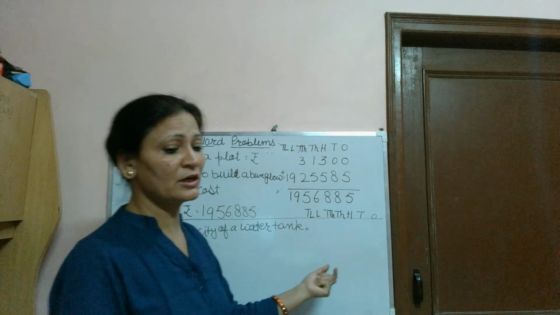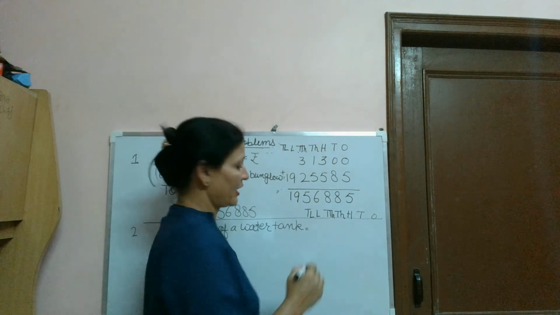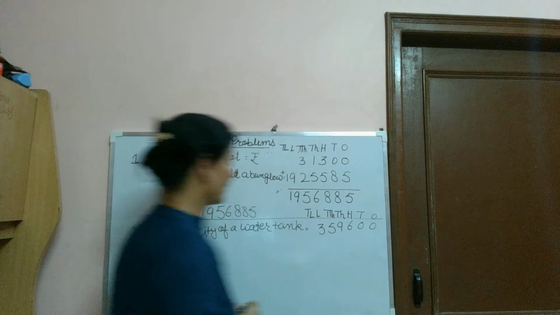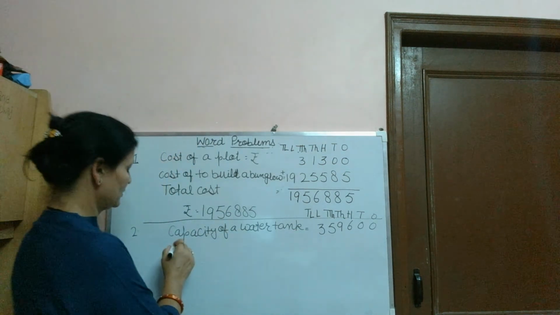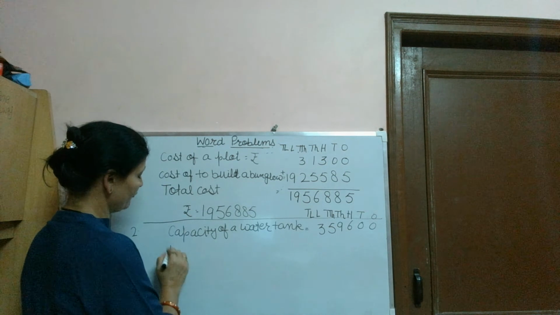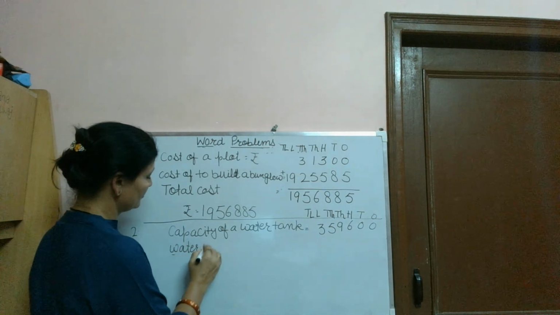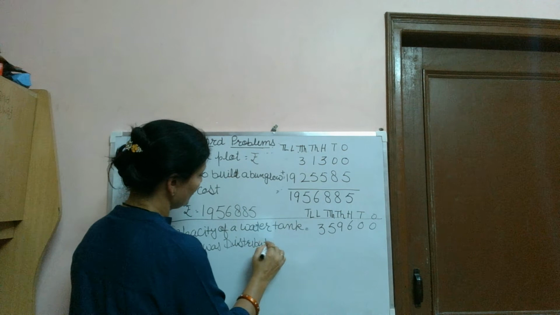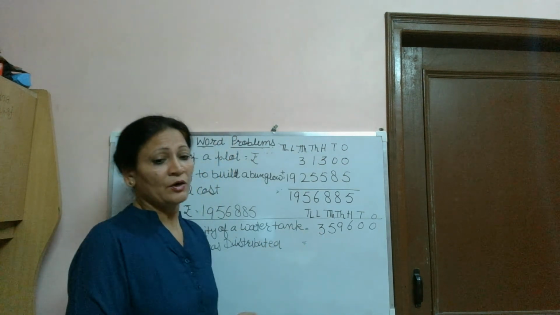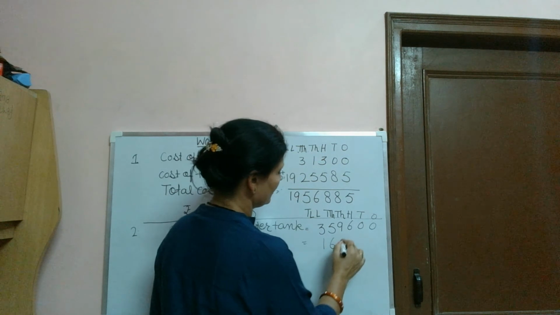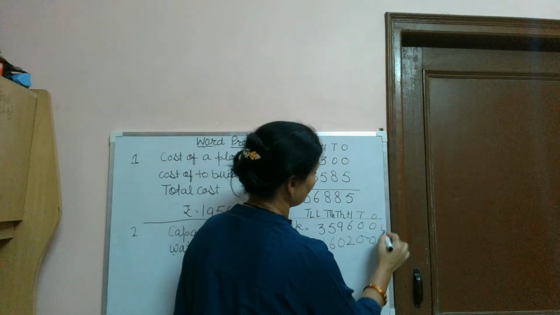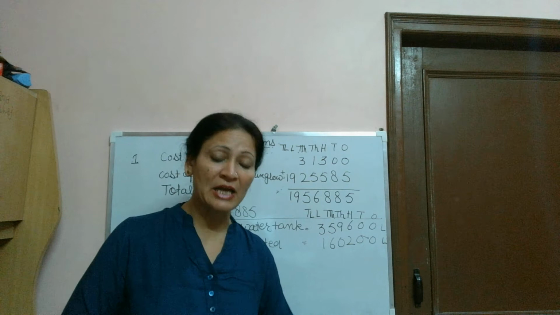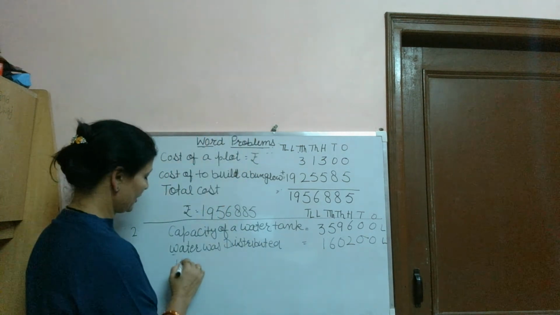The capacity of the tank is 3,59,600, and the water distributed is 1,60,200 liters. Water is left in the tank.